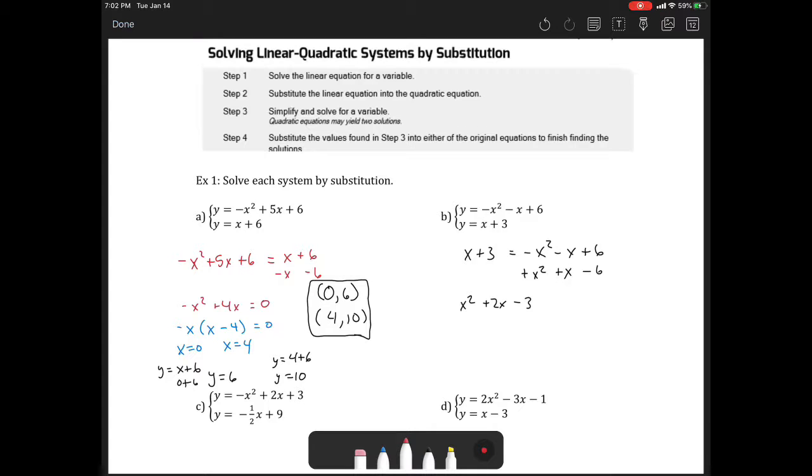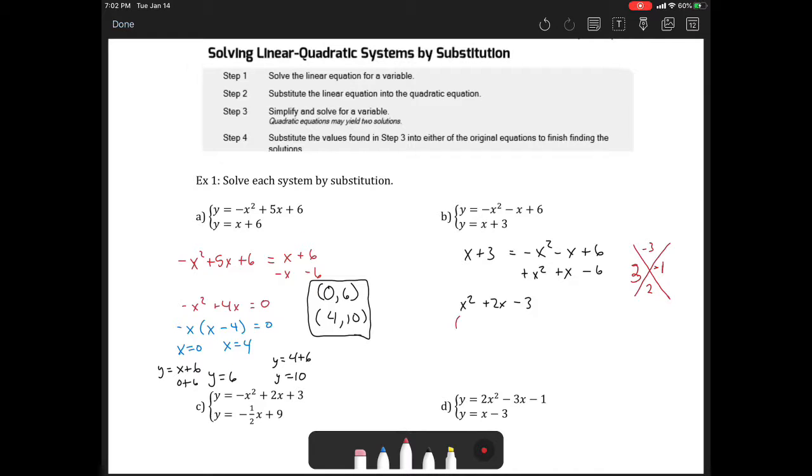And from here, I can now factor. So I'm going to do my trinomial x. I have my negative 3 and my 2, which is going to leave me with a negative. I'm sorry, let me repeat that. It's going to be a 3 and a negative 1.